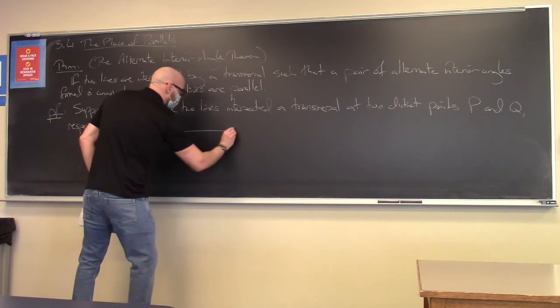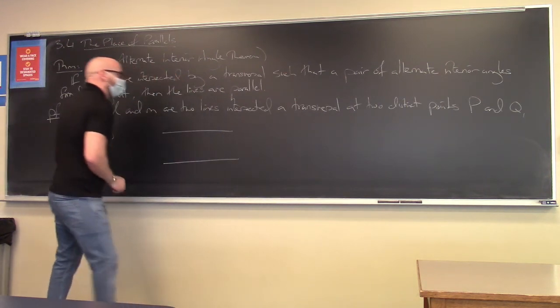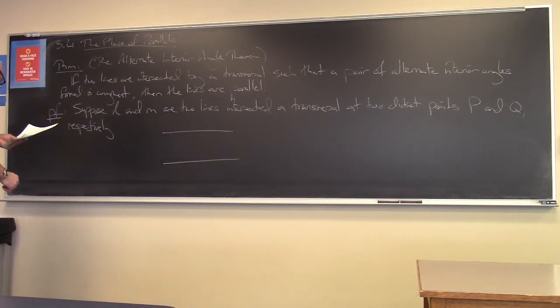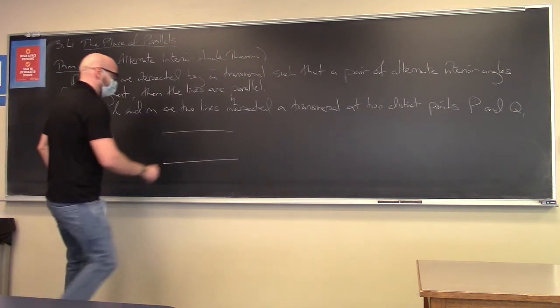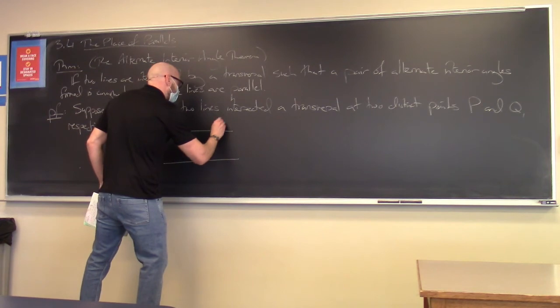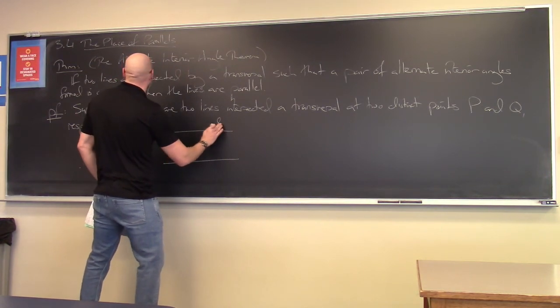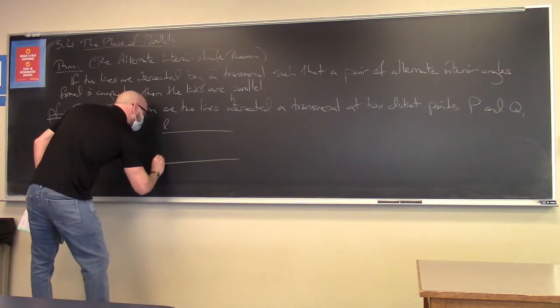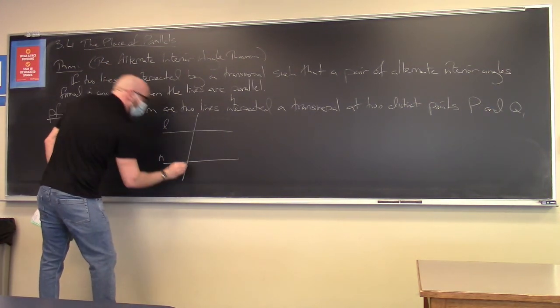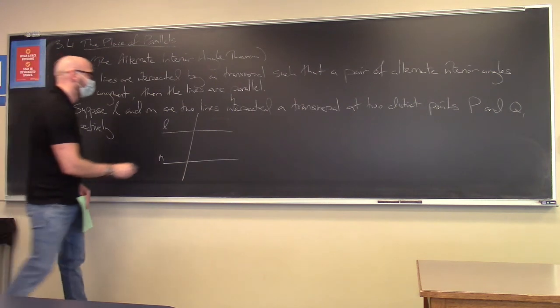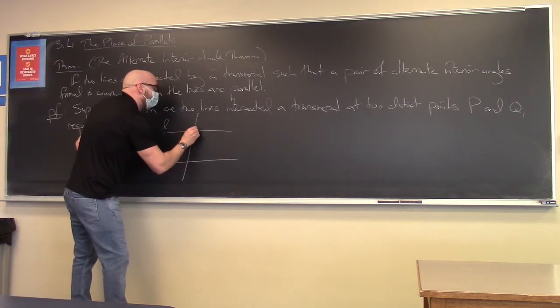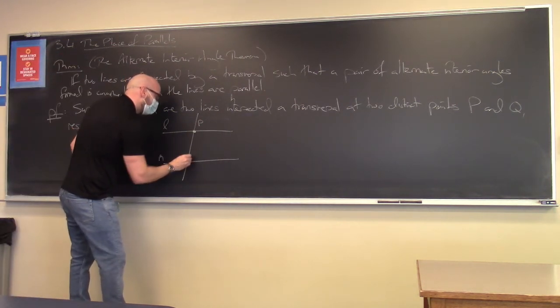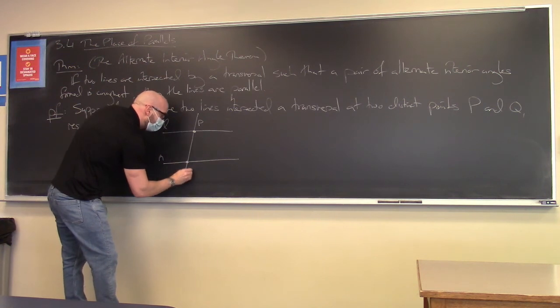All right, so do I want to give the transversal a name? No. Okay, so I've got two lines, let's call them L and M. I have a transversal cutting through them, and it cuts through at 2 points. We'll call these points P and Q.